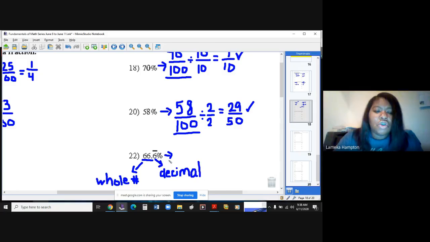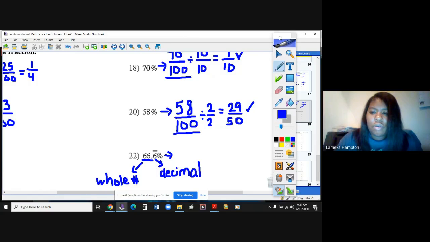All right. So when I write this as a fraction, this is what I'm going to do. Again, you have to know your place value. The place value is definitely going to be a game changer when it comes to converting. Because 66 is my whole number, I'm simply going to write 66 out.